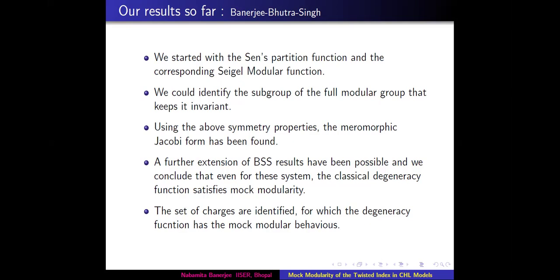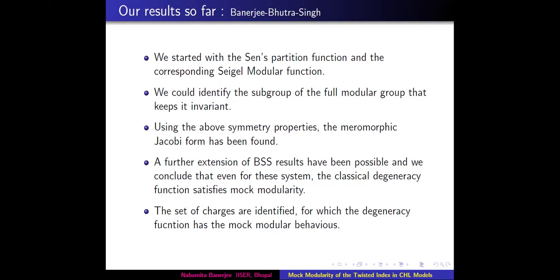The results are this: if I take these two meromorphic Jacobi forms and find the corresponding mock Jacobi form for each, let me call the one from here phi_f and the one from here psi_f. This gives us the degeneracies for states for which n is greater than m, and this gives us the degeneracies for states for which m is greater than n.